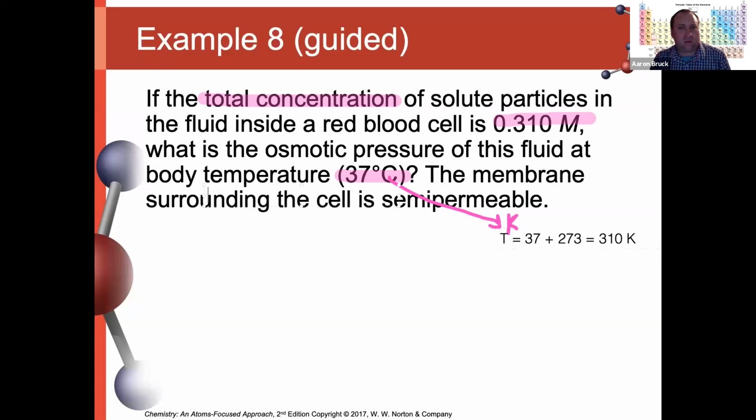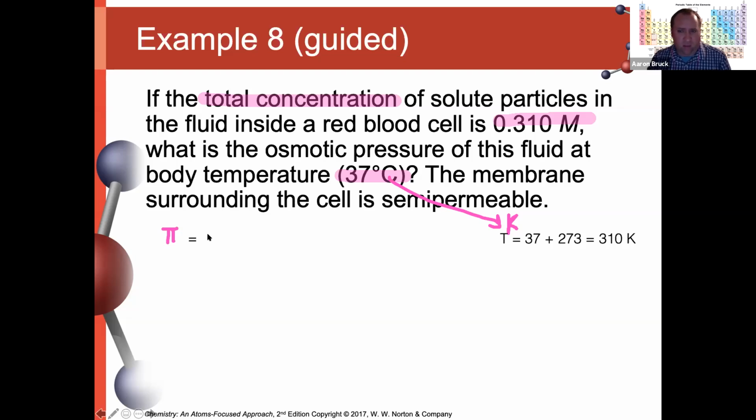The other factor that we haven't considered is we aren't told what the pressure unit's going to be. Normally, our default is atmospheres, and the reason why will become apparent in a moment. But technically, you could use any of the 3 units.